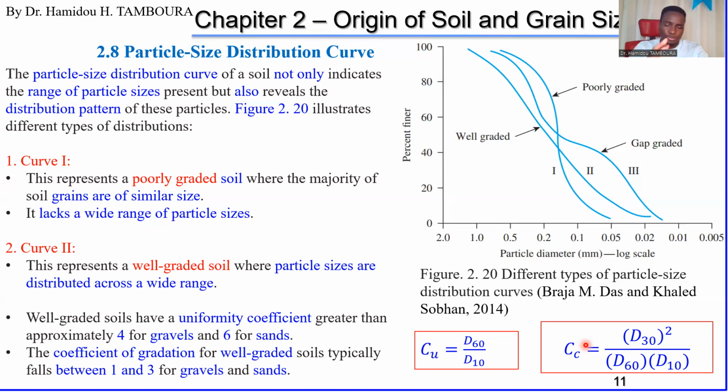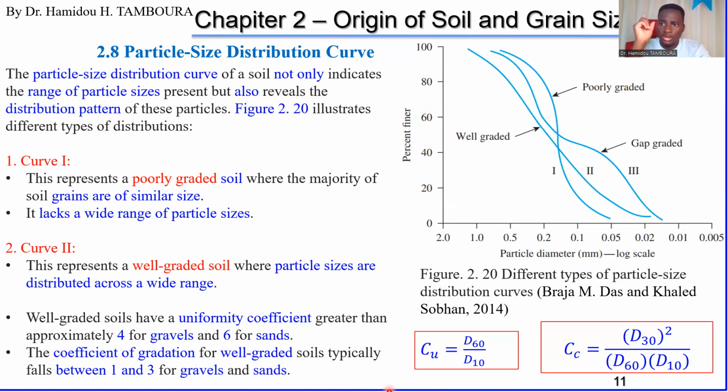So for the uniformity coefficient, we have already talked about 4 for gravel and 6 for sand. But don't forget this one also, the coefficient of gradation should be between 1 and 3.